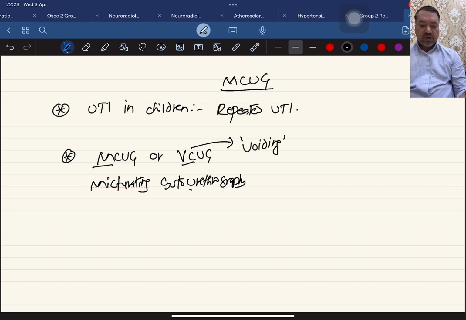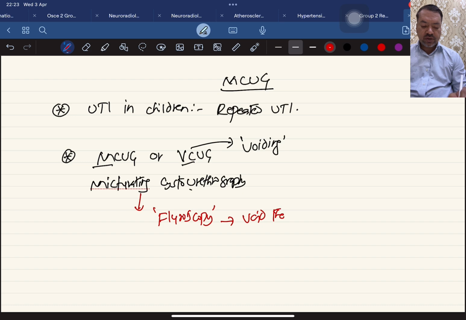Now how this test is done, a few lines regarding this. First we put a catheter into the urinary bladder, then the dye is injected, and after that fluoroscopy is taken, and ask the child to void the urine, child or adult, whoever you are doing it on. And during that time the X-ray is taken.